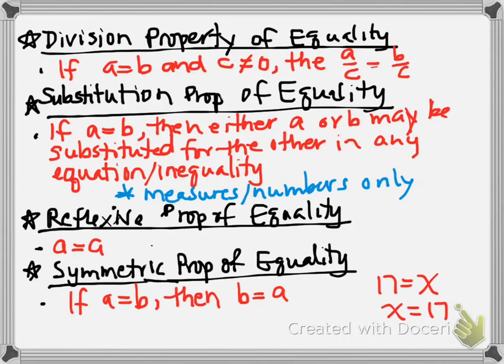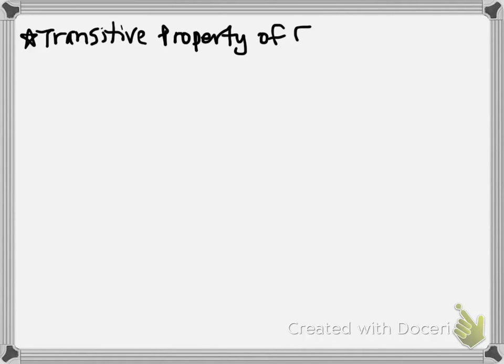Then we've got one more, or two more actually, for equality. So let's go over to the next slide. And we've got the transitive property of equality.